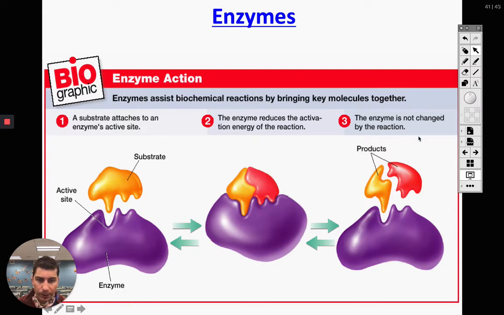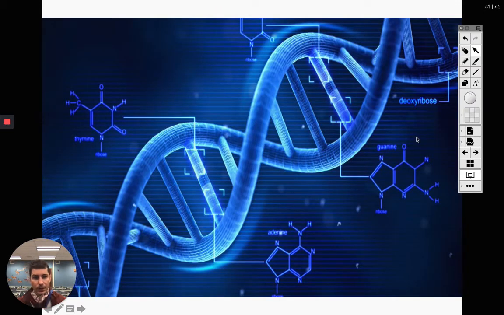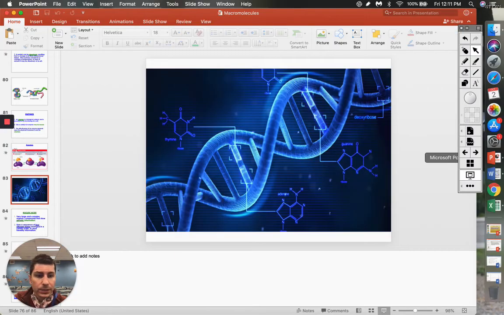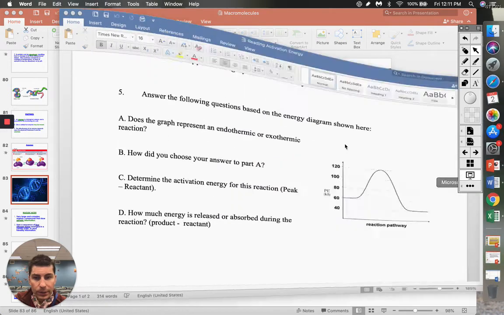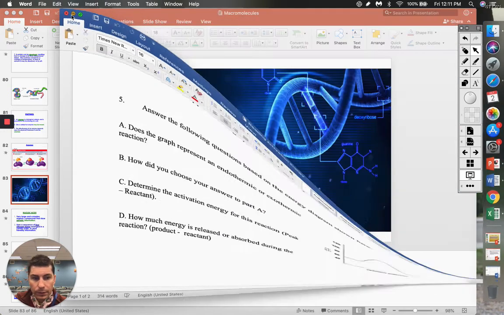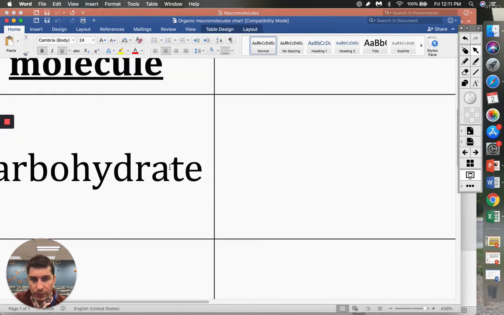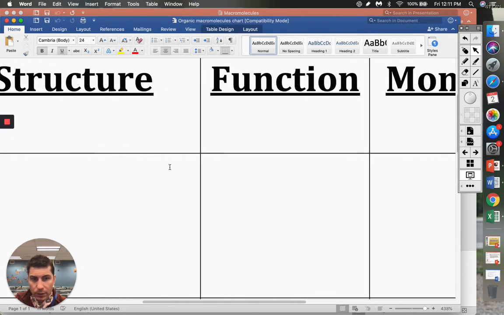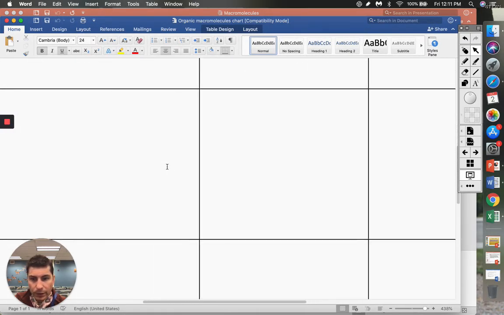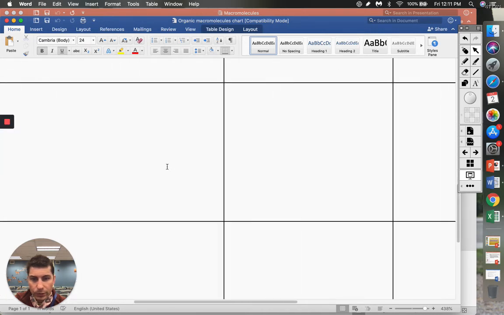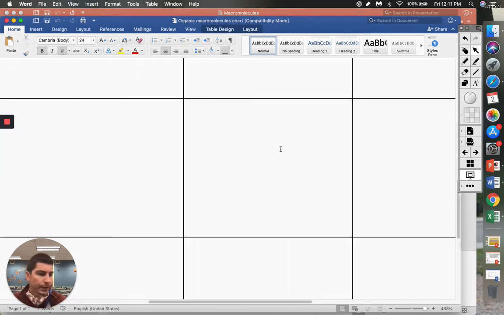All right, so yeah. Okay, so we are done with proteins. The only thing we did not do yet, here we go. So for proteins, we did our structure, we did our monomer, we did our polymer, we did not do our function yet.